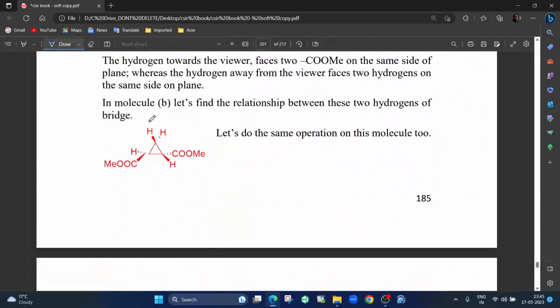When it is outside, it is seeing on its side one COMe, one H. When behind, it is seeing one H and one COMe. Same with this one also. So these two are exactly the same, so we know they will give the same peak.